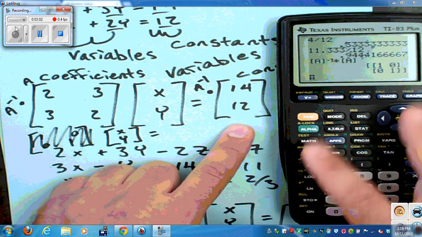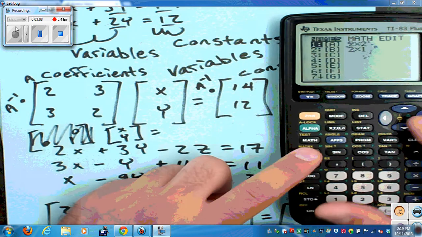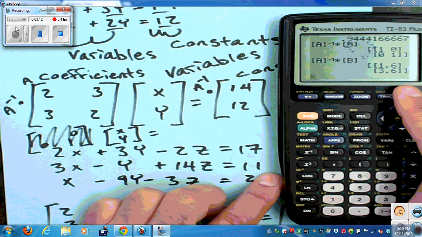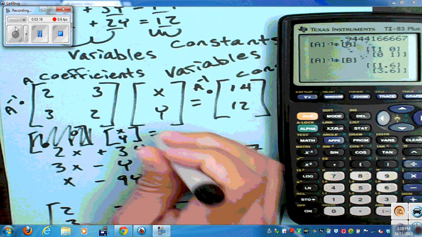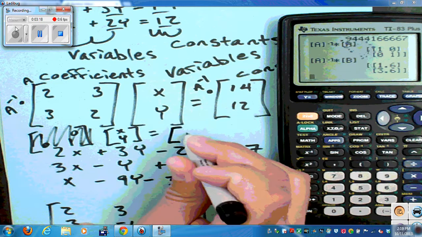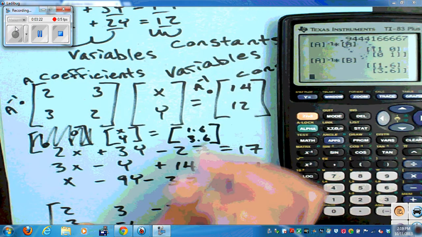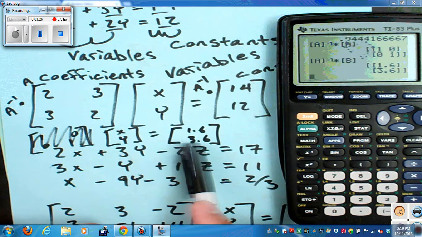So I'm going to go back in, select A, do the inverse, times, go back in, select B. When I do that, it gives me this answer right here, which is telling me, back to this equation, 1.6, 3.6. Or in other words, x equals 1.6, y equals 3.6.